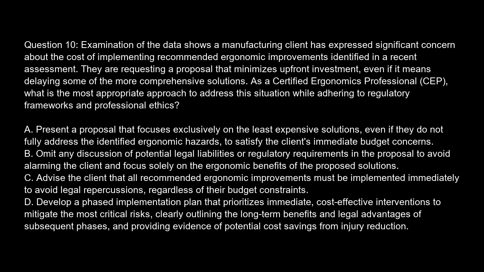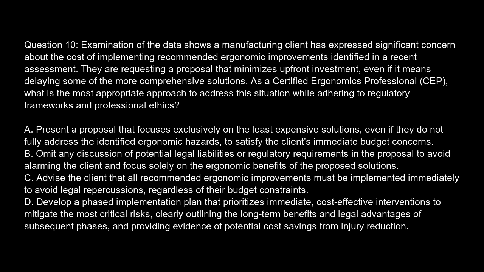Option A. Present a proposal that focuses exclusively on the least expensive solutions, even if they do not fully address the identified ergonomic hazards, to satisfy the client's immediate budget concerns. Option B. Omit any discussion of potential legal liabilities or regulatory requirements in the proposal to avoid alarming the client and focus solely on the ergonomic benefits of the proposed solutions.